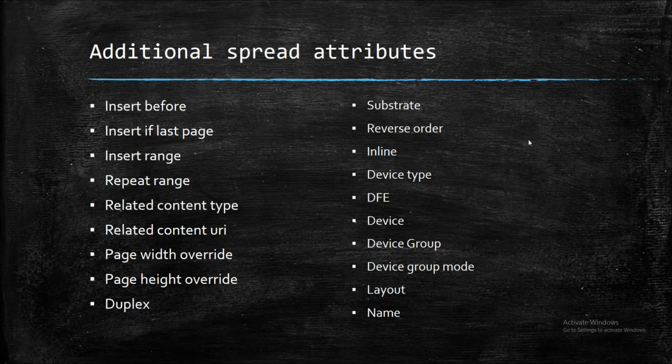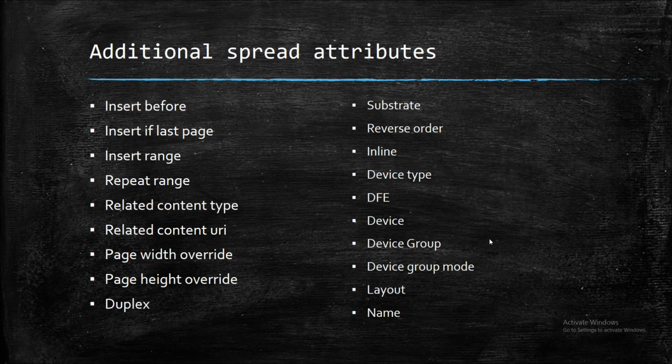We have reverse order, which will reverse the order of the pages within that additional spread if it consists of more than one page. And then the rest of these attributes have to do with whether or not the additional spread generated is what is referred to as inline or nearline. Now, before we get into these attributes, which we're just briefly going to talk about, let me give a quick example of what an inline spread is versus a nearline spread.